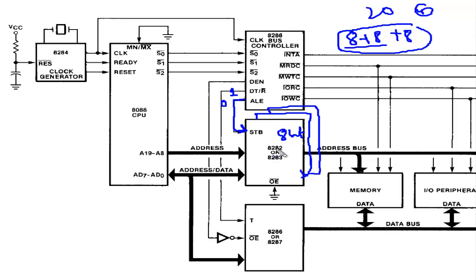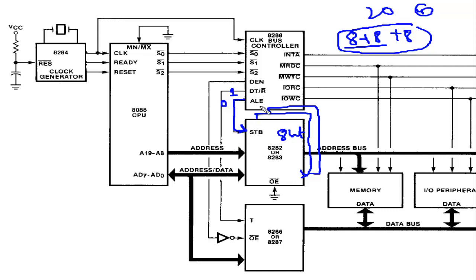Because a latch means some kind of a memory, like a flip-flop. We have latches and flip-flops, which are kind of a memory. So it's a kind of a buffer. It holds that address because we need to know which address we have. And it then demultiplexes those address bits into the data bits, so that we can transfer data to and fro, and also the status bits are activated.